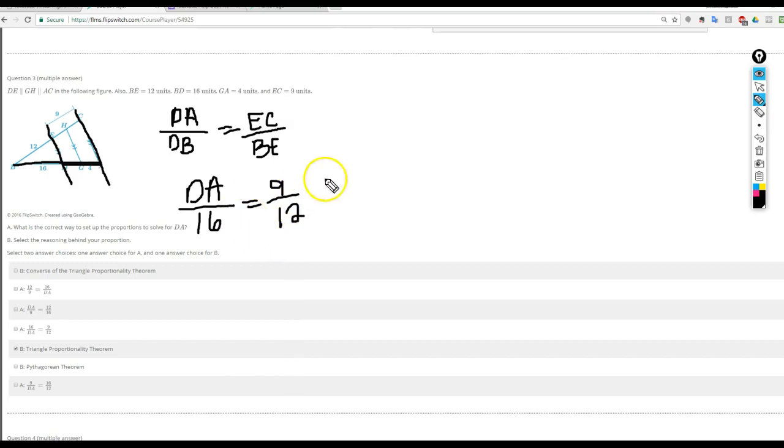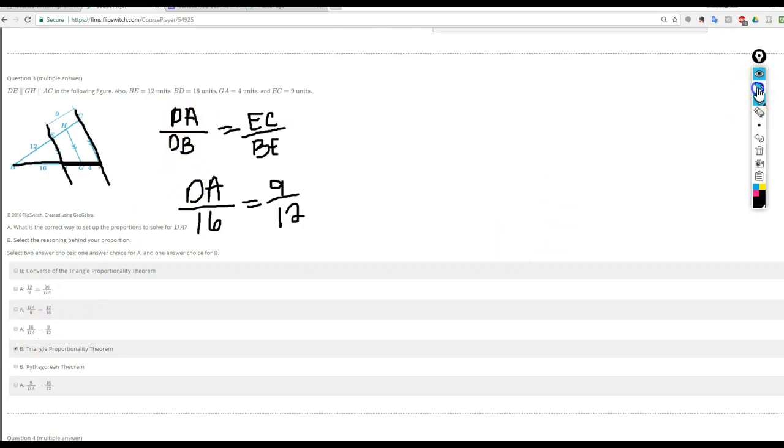So we're going to set up our proportions like that. And right now I'm scanning this. And I'm noticing this first one, A, 12 divided by 9 is equal to 16 over DA. That is the exact reciprocals of what we have set up, which can also be used. They just, instead of putting the DA in the numerator, they put it in the denominator.